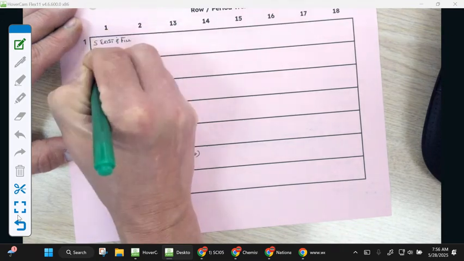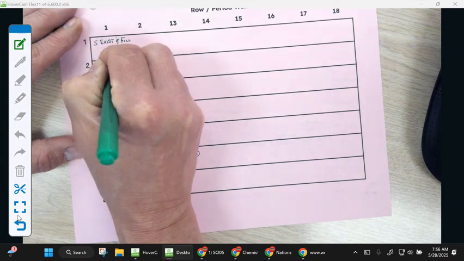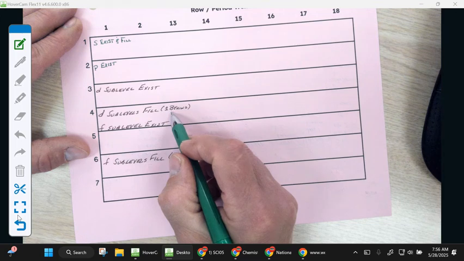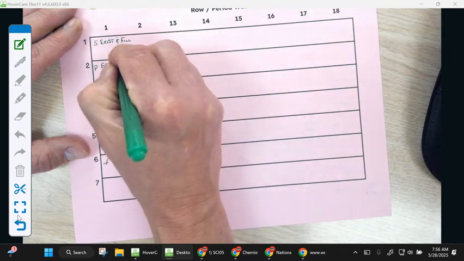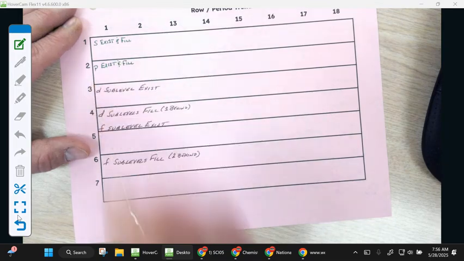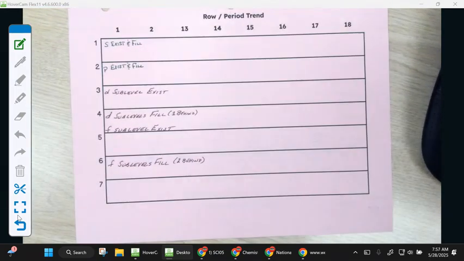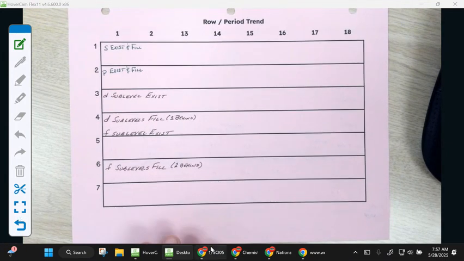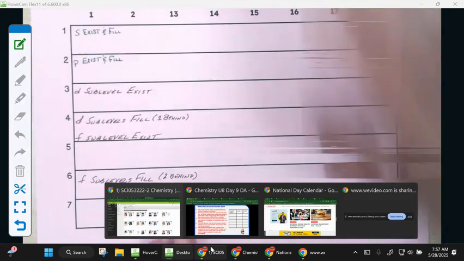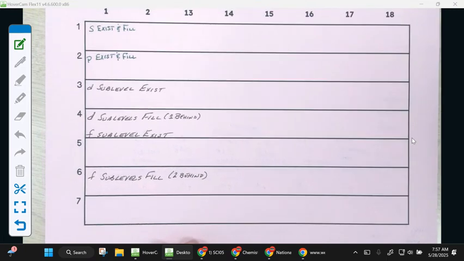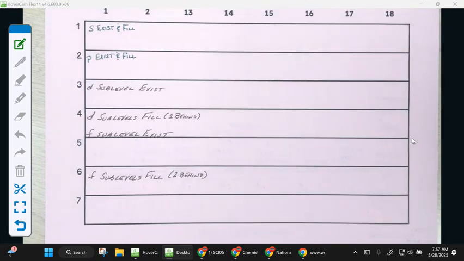I'm listening. Period 4, it says that the D's are one behind. Okay? Questions? That means that even though they are 3 D's, they are filling after the 4 S's.